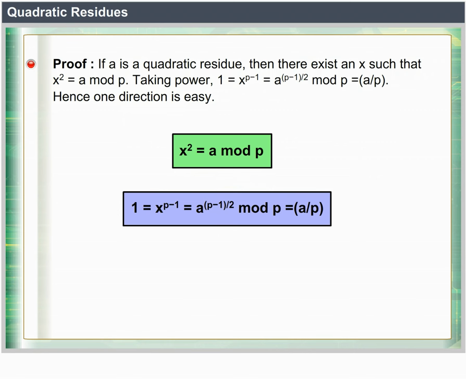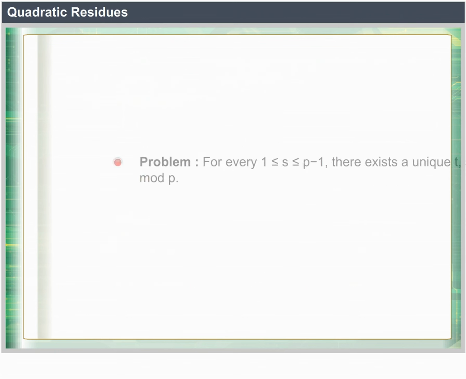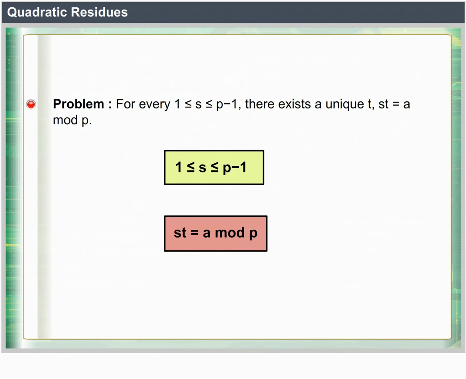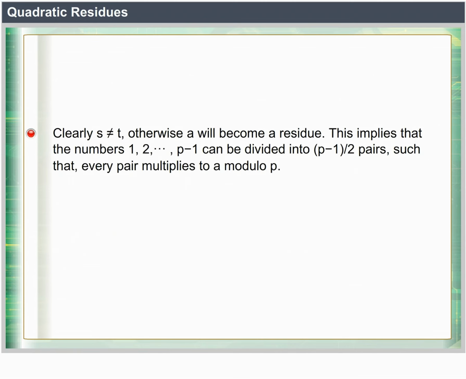For the other direction, if A is a quadratic non-residue. Problem. For every S with 1 less than or equal to S less than or equal to P minus 1, there exists a unique T such that ST equals A mod P. Clearly, S is not equal to T, otherwise A would become a residue.